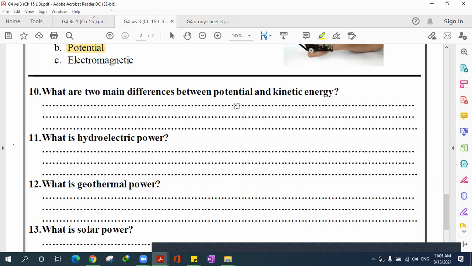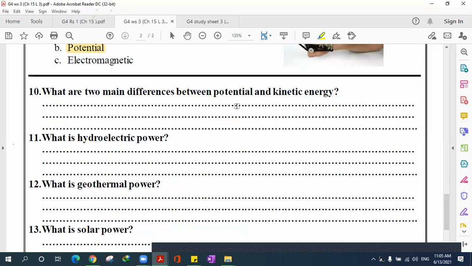The static energy. I remember it, but I cannot say it. Just use your own words. You don't have to use the same answer. What is the difference between potential energy and kinetic energy? You can say what is potential energy and what is kinetic energy.